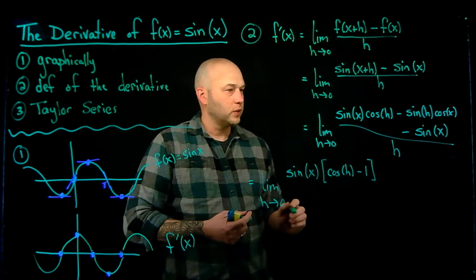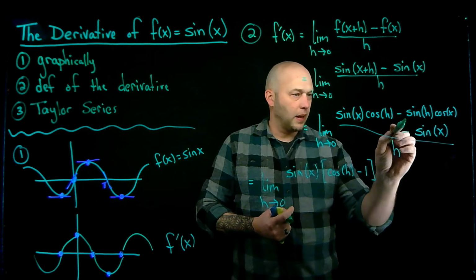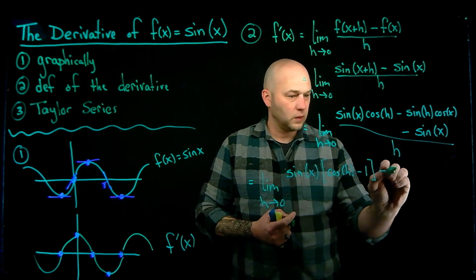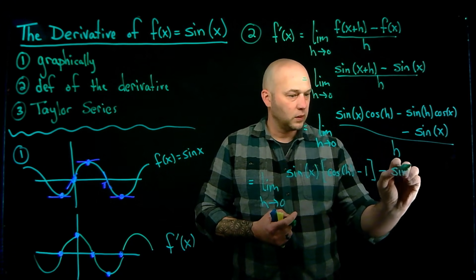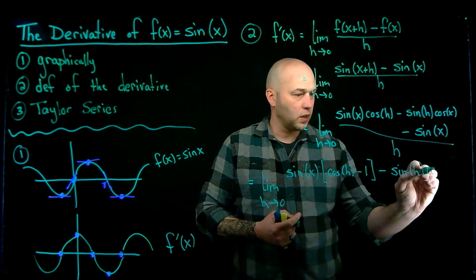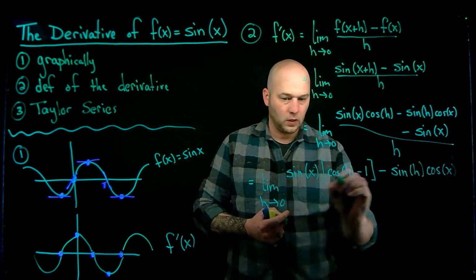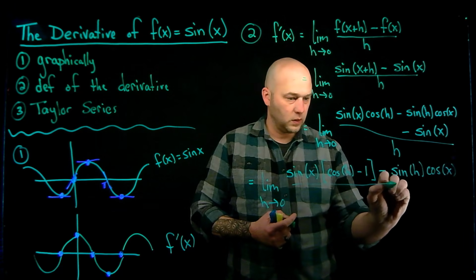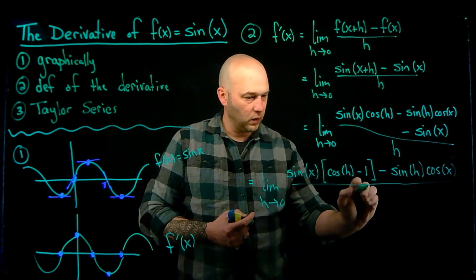And then it looks like I have minus sine of h cosine of x, all over h.